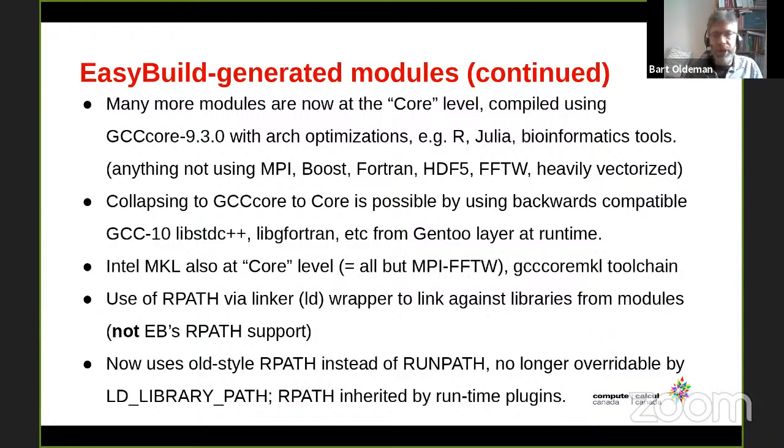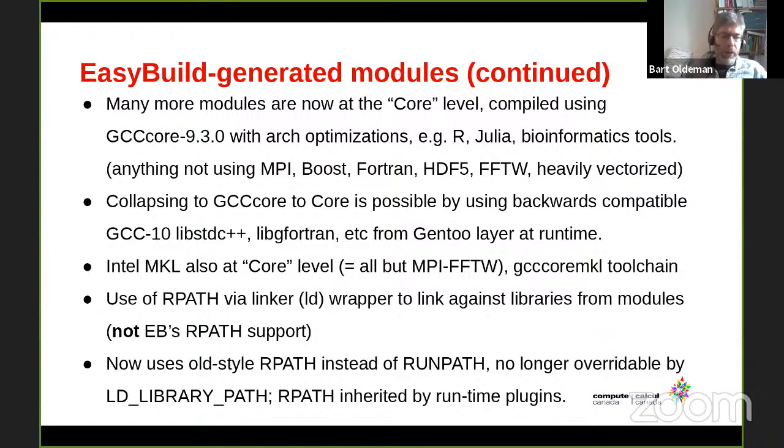It's a little bit tricky, but it helps users who compile their own software. They always use the same libstdc++, so we don't have things that accidentally try to load different libstdc++ versions from different locations because they were compiled at different times.